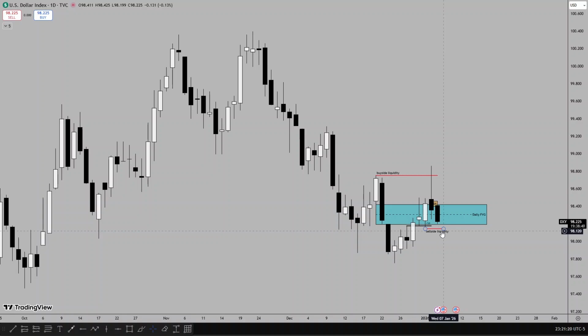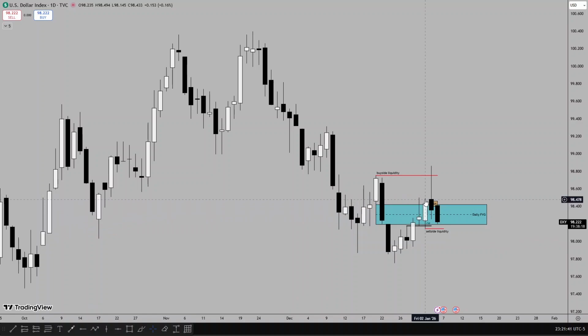Now on the daily time frame of the dollar index, price took out the buy side liquidity on Monday. After the run on the buy side liquidity on Monday, price traded back into the range from the swing low to a swing high, closing inside Friday's range. Price closed inside Friday's range.